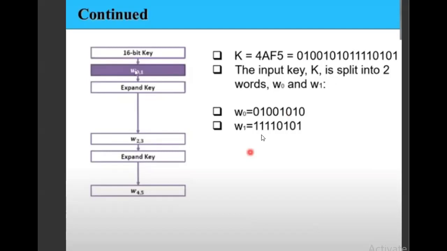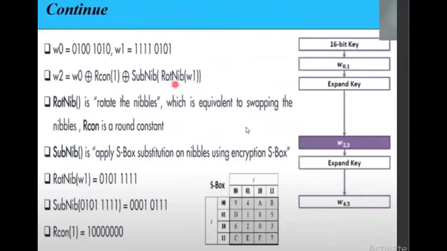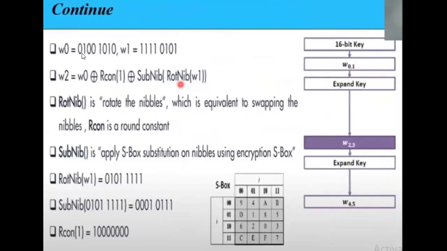The next 8 bits will be considered W1. And then moving on, we have W0 and W1, and the equations are given over here. The algorithm has defined those equations.